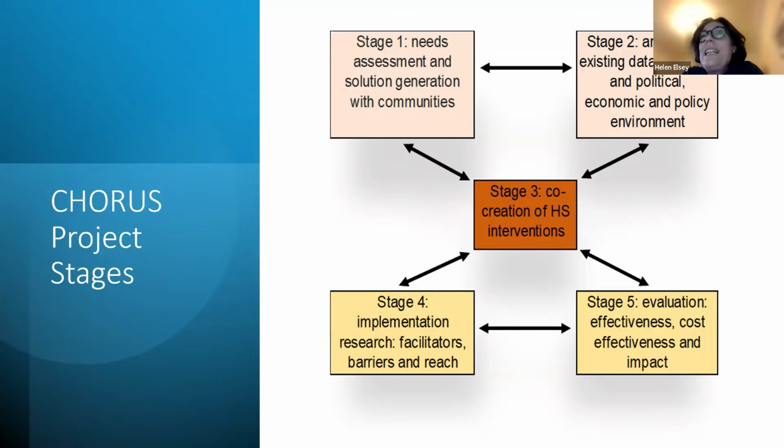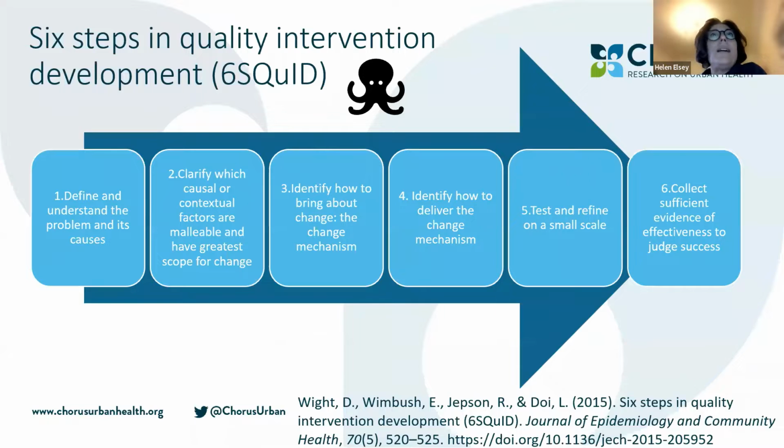We need to very clearly go through a process of drawing on all the information from stage 1 and stage 2, but also pulling in all the key stakeholders to come up with a really deliverable, feasible, appropriate and sustainable health systems intervention, before we get on to stage 4 and stage 5 around implementation and evaluation. So that's the basic CHORUS project stages and where we're at.